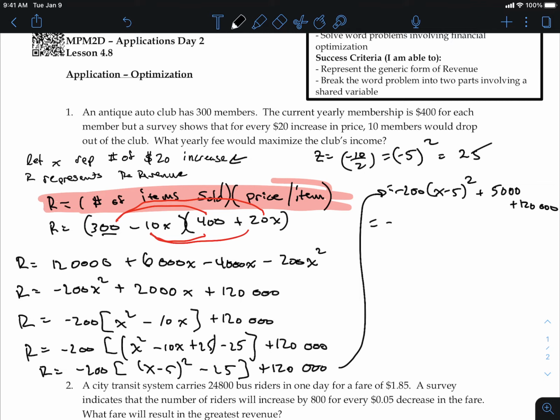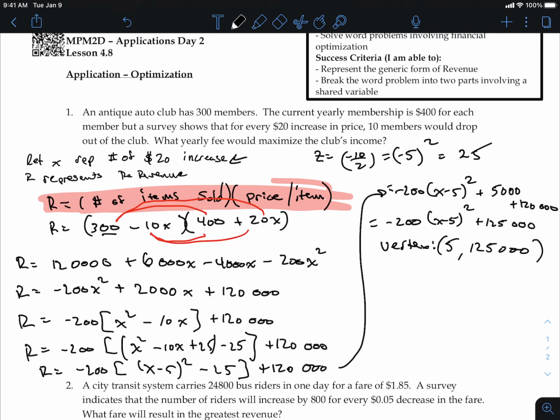Okay, collect the two numbers on the end. What's the vertex? 5 and 125,000.